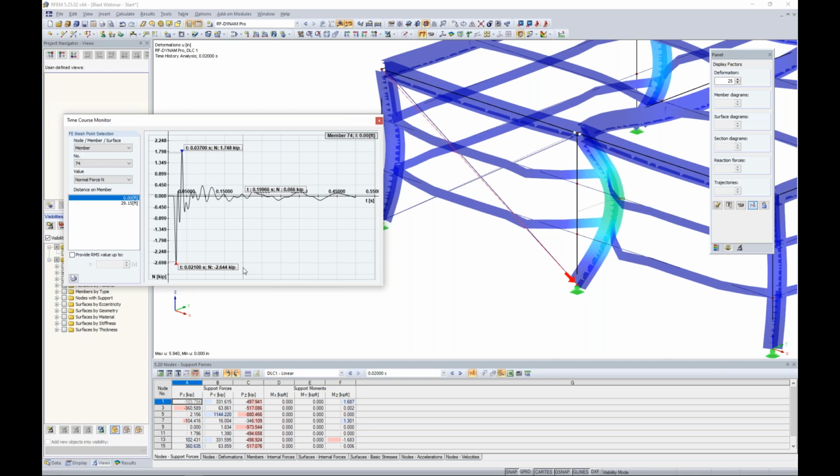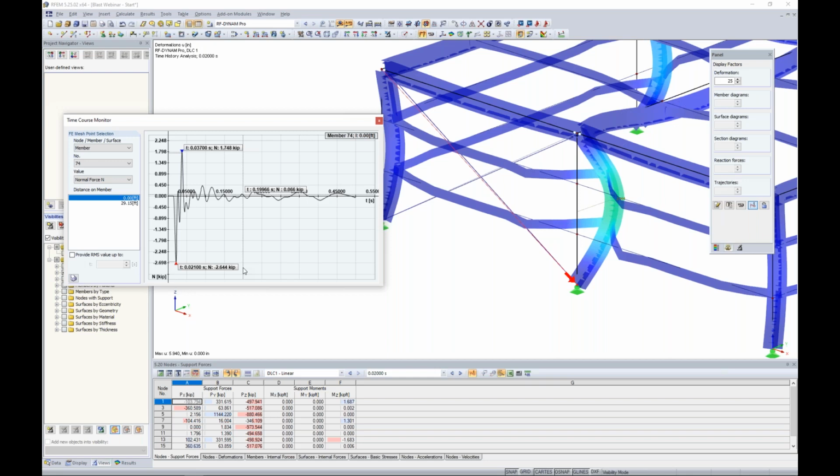Same thing with nonlinear supports. So if we have supports that are failing in uplift, sure, that's easy enough to define in RFEM for the static analysis, but this linear solver will convert it to a linear support when it runs the dynamic analysis. And finally, something like nonlinear materials. So plastic materials for steel design will be converted back to linear elastic materials.